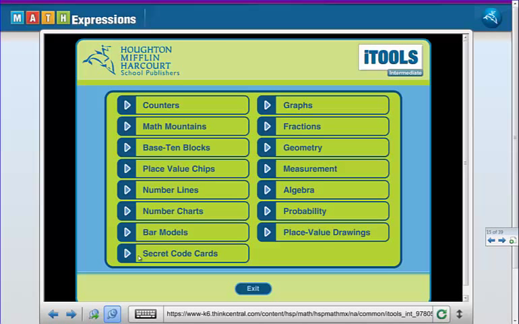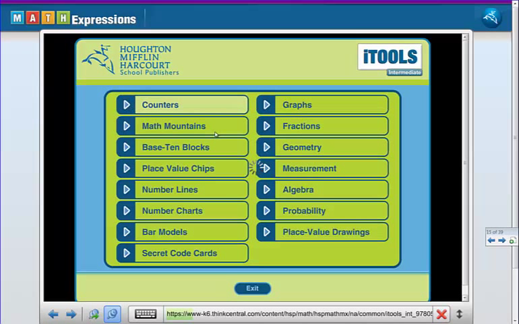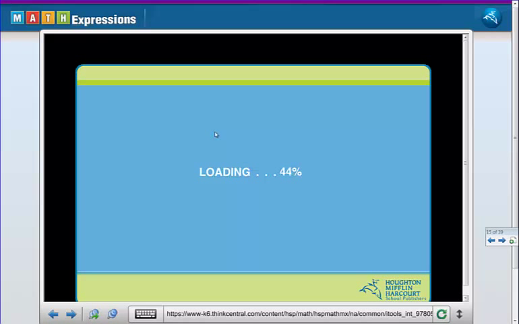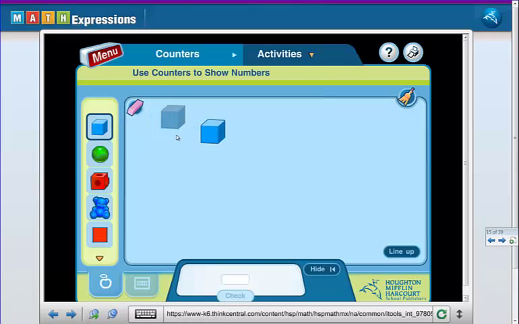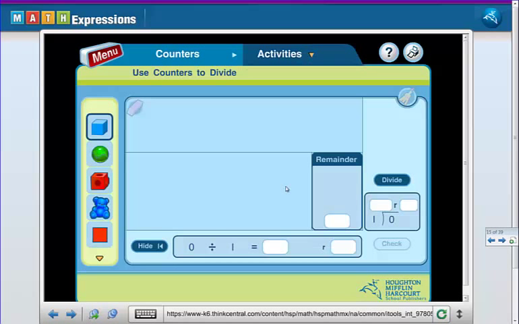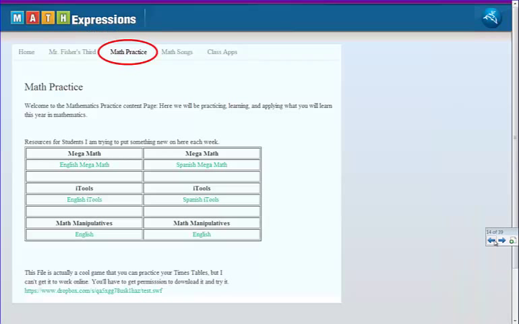And some secret code cards, place value drawings, geometry. These are all things that you can actually click on once you get to the website and practice counting, or you can go to a different activity and divide. Try those out, and remember, it's just right here on Math Practice on the website, iTools, English and Spanish.